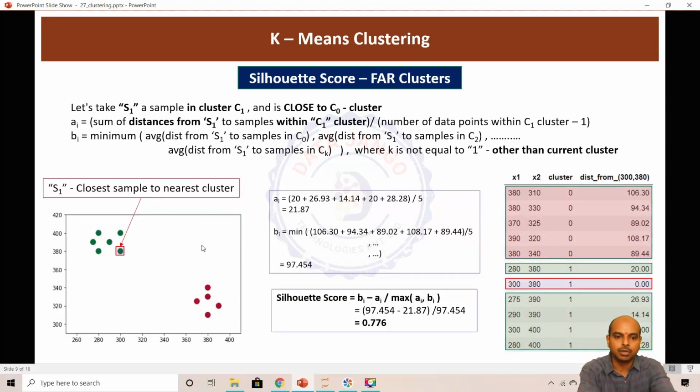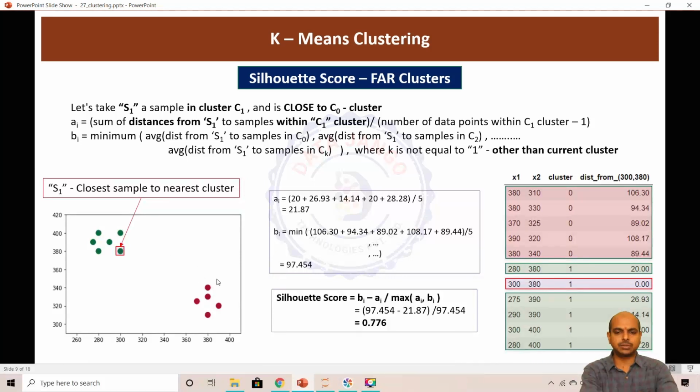If we have n number of clusters, then you need to calculate the distance between this data point and all other clusters and look at the minimum of first cluster average, second cluster average, third cluster average, like that. Whichever is minimum, that's the score you get, bi.